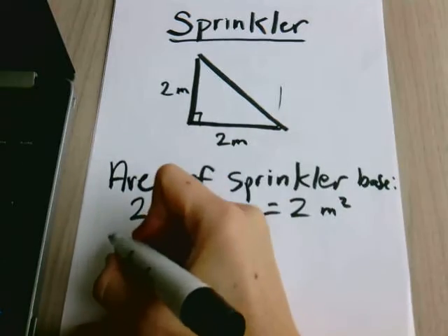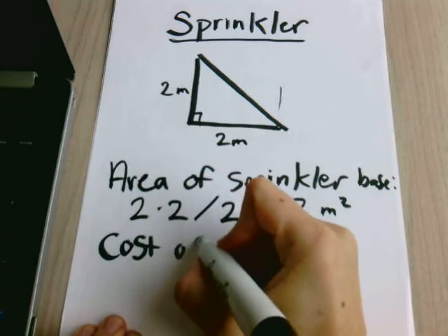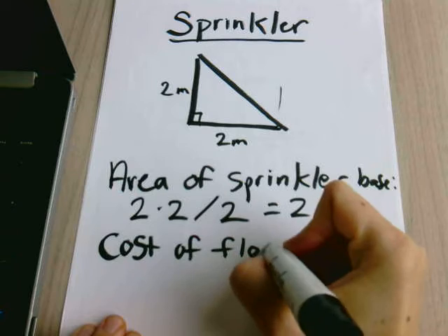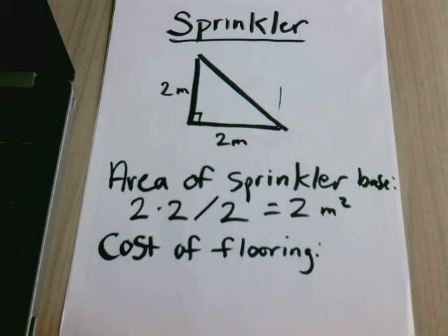Now it wants us to find the cost of the non-skid flooring. So it tells us that 1 square meter of non-skid flooring costs $6.99.